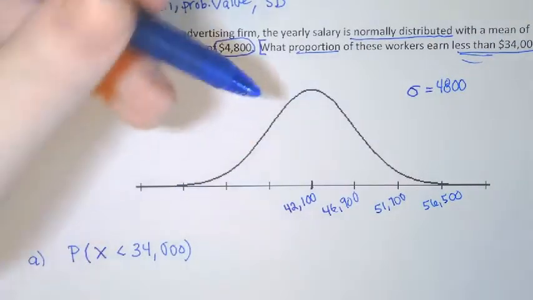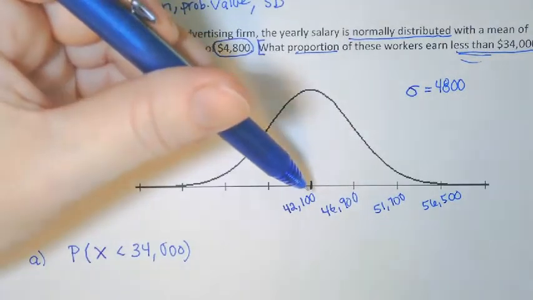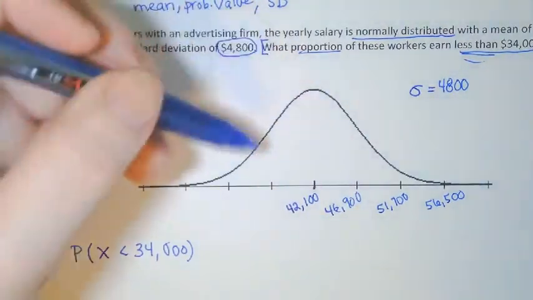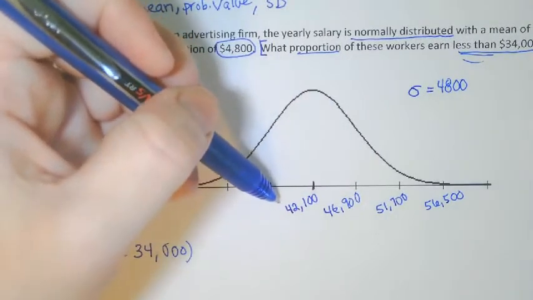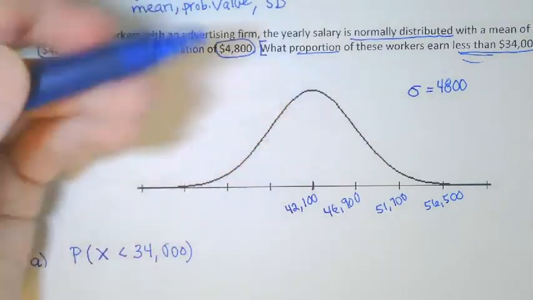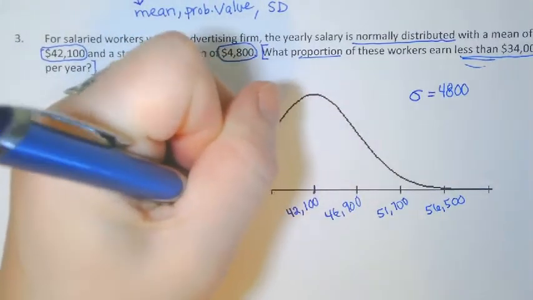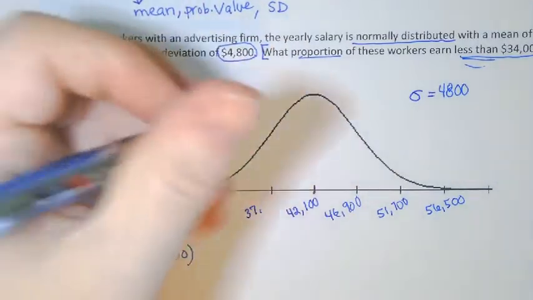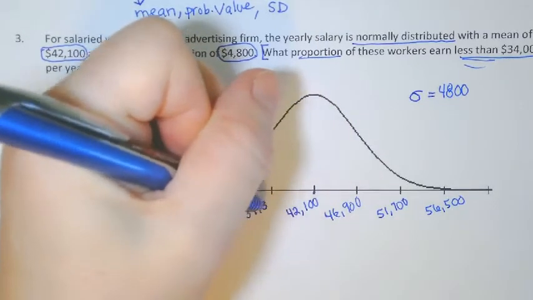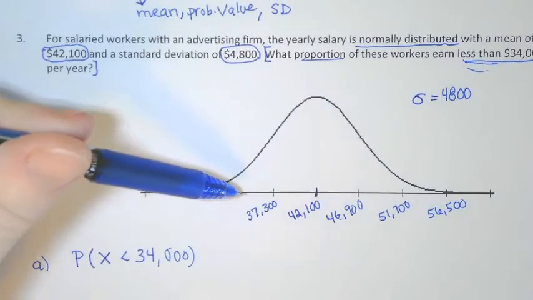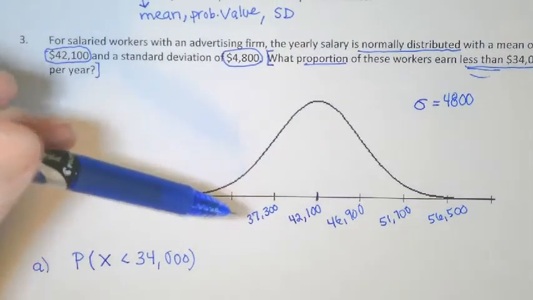As we move to the left of the mean, we'll be subtracting 4,800. If I subtract 4,800 from 42,100, that gives me 37,300. That is the value of one standard deviation below the mean. I'll keep subtracting 4,800 for each standard deviation I go.